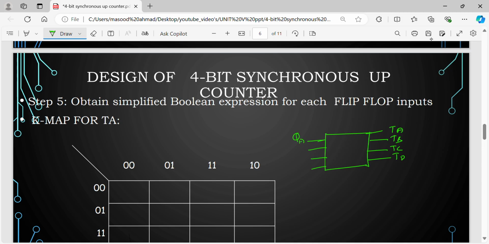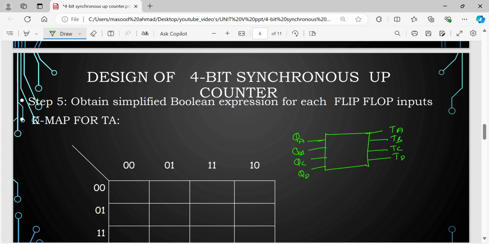Inputs are QA, QB, QC, and QD. Okay. So we are trying to get a certain combinational circuit from QA, QB, QC, QD, expressions for TA, TB, TC, TD. So that by applying those gates, by processing the present state, I'm going to give a certain input to the flip-flop so that I'll go to the proper next state.